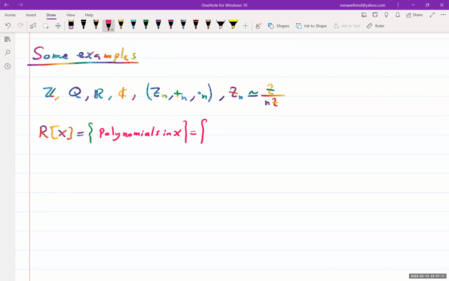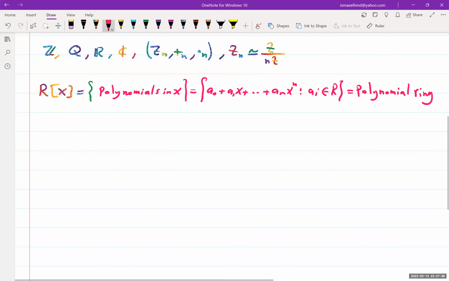That is a0 plus a1 x plus up to an x to power n, where ai is in the ring R. This is called a polynomial ring, which contains the ring R, the set R adjoined to x.